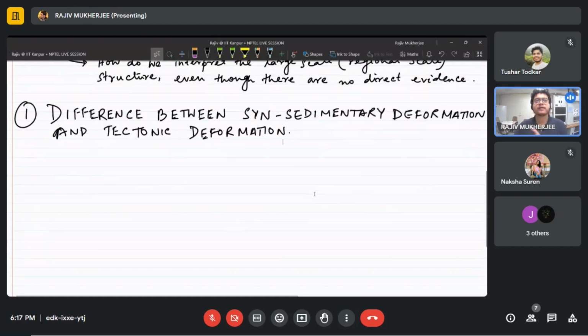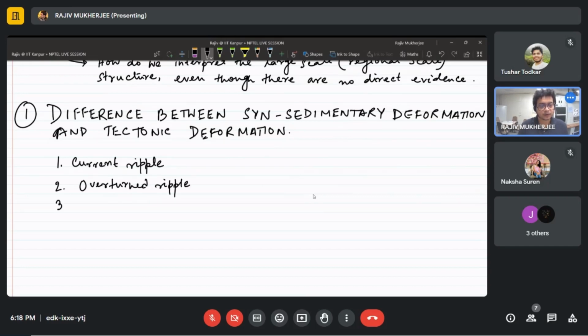Precisely, it was in the first two lectures that we observed how we see different kinds of sin sedimentary structures, like say for example current ripple, overturned ripple, convolutes, right?